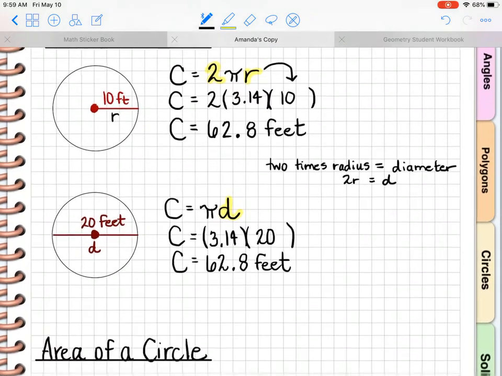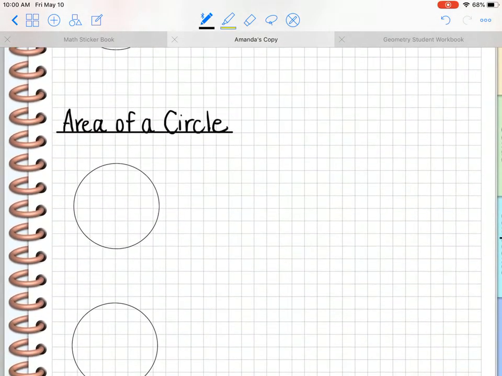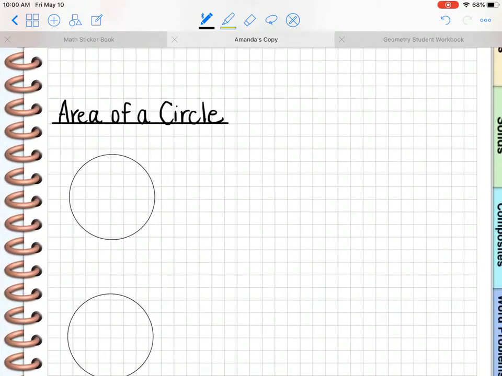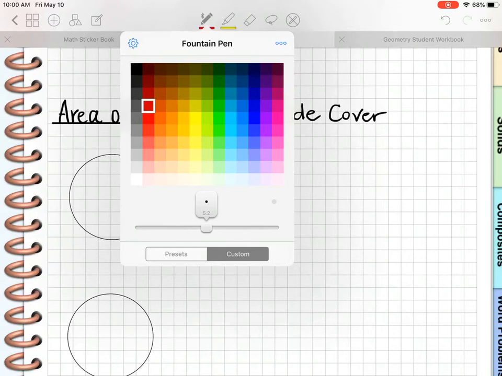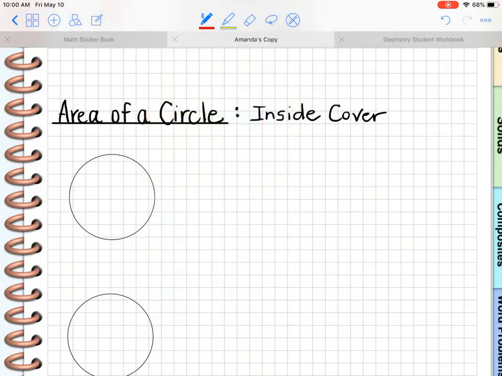Okay, let's look at area of a circle. And this formula is a little more complicated because we're looking at the inside of the circle. How many of those squares does it take to cover the inside of a circle? So let us pick a radius and a diameter. We'll do one of each.